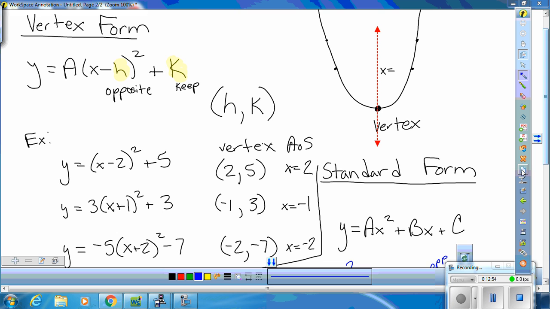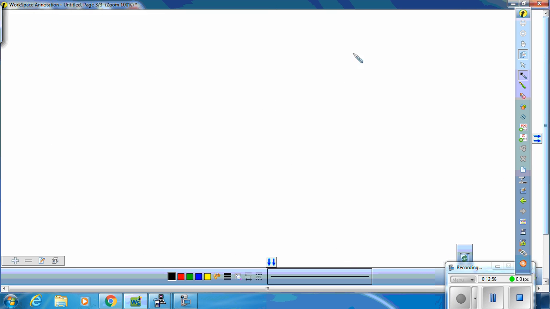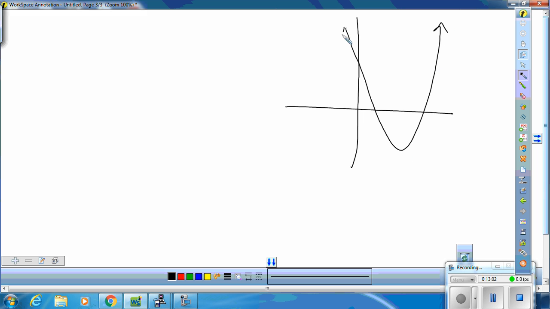Other parts of the graph that we want to make sure that we know how to find might be the y-intercept. The beauty of a y-intercept is that finding y-intercepts is the same for every single type of function, every single type of equation that we can graph. We have to remember what is special about all the points on the y-axis.